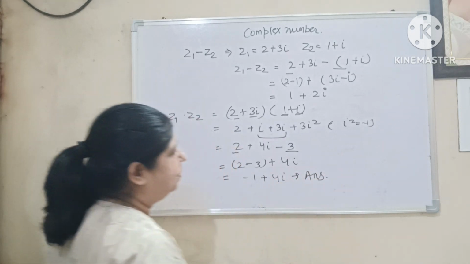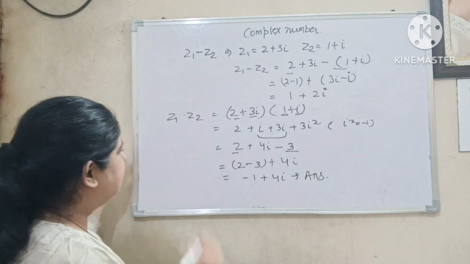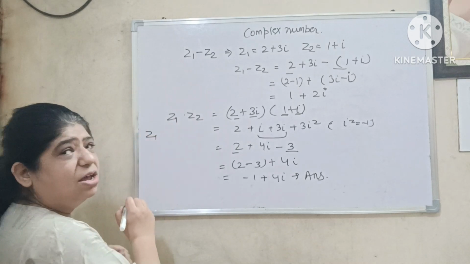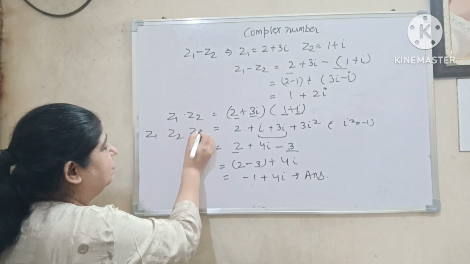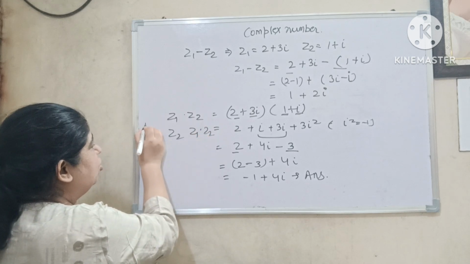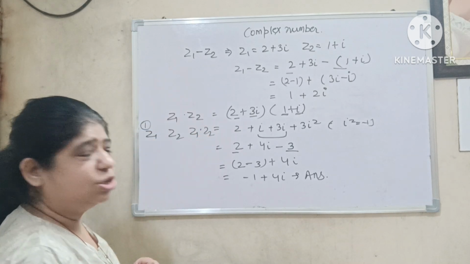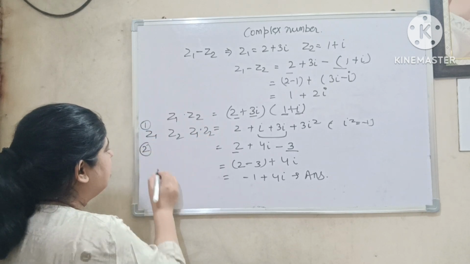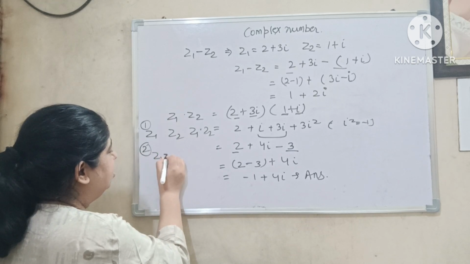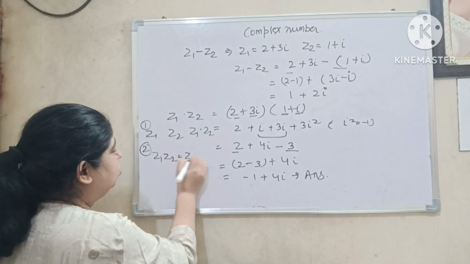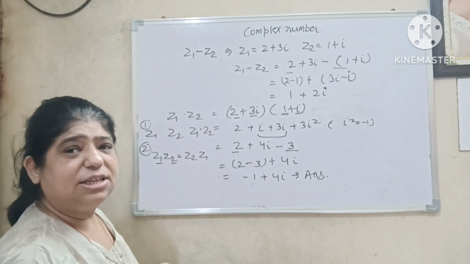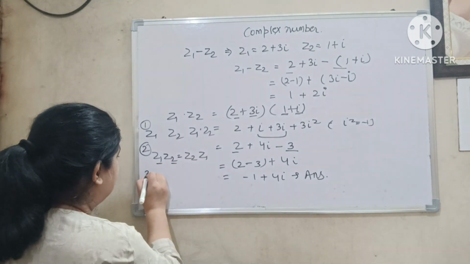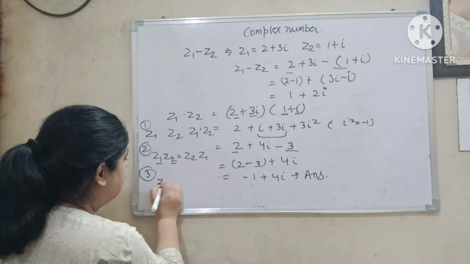Now what are the properties of multiplication? If Z1 is a complex number, Z2 is a complex number, then Z1 dot Z2 will be a complex number. This is the closure property. Second is the commutative property. Z1 multiplied by Z2 equal to Z2 into Z1, where Z1 and Z2 are complex numbers. Third is the associative property.